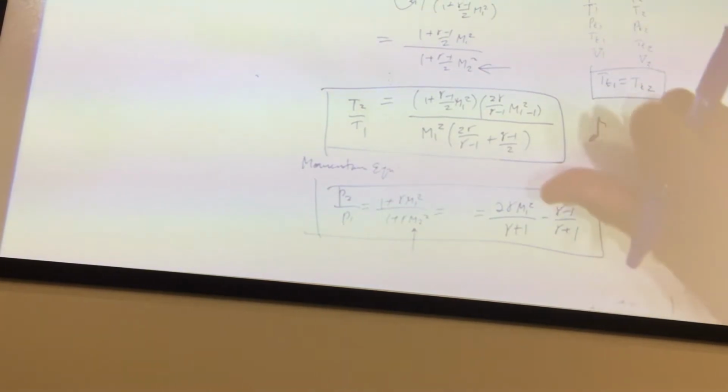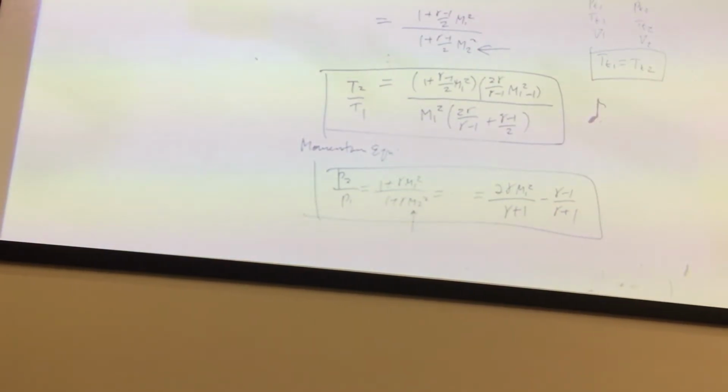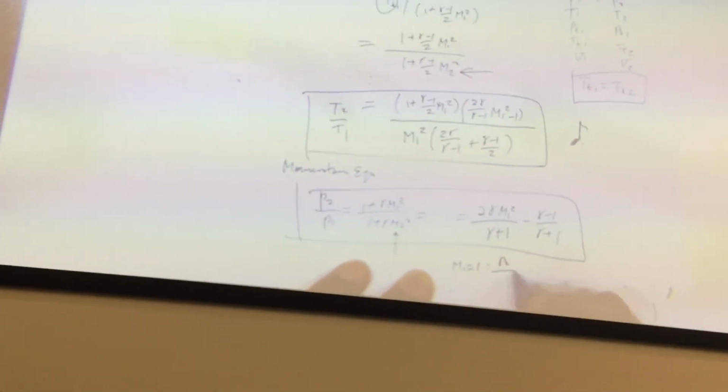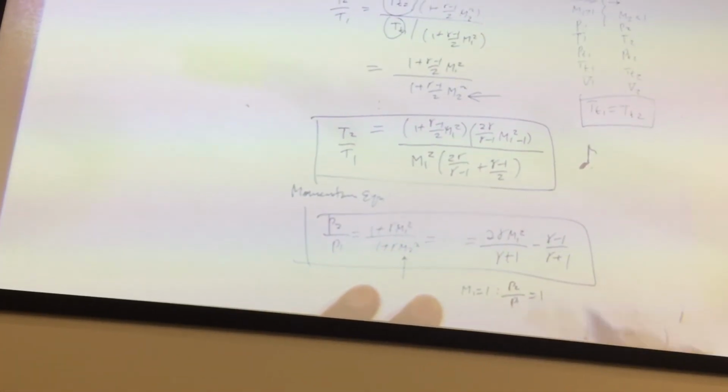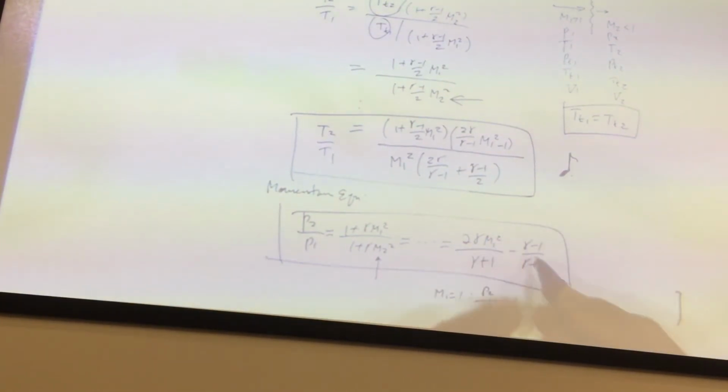For example, if you assume M1 is equal to 1, you add these two together, it is 1. See? M1 equal to 1, P2 over P1 is equal to 1, because it's 2 gamma here, and minus parenthesis gamma minus 1 becomes gamma plus 1, so it's 1. That means if your Mach number is equal to 1, you definitely will have no shock wave.